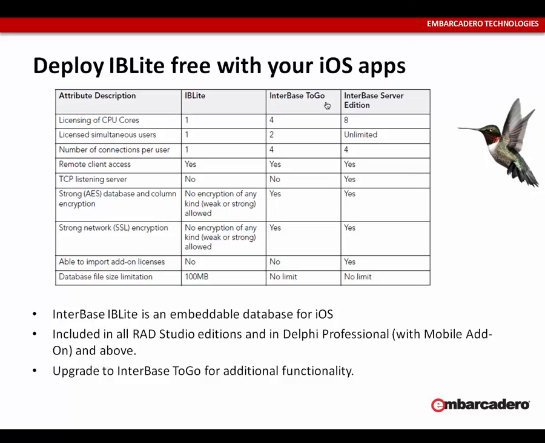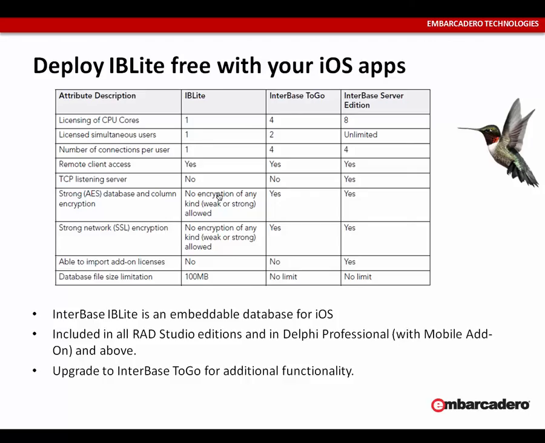As Stephen showed during his lesson, this slide has the overview of the Interbase editions and their features and limitations. To me, the most important Interbase Lite limitations are the 100 megabyte max database size, one simultaneous transaction, and the lack of database encryption.